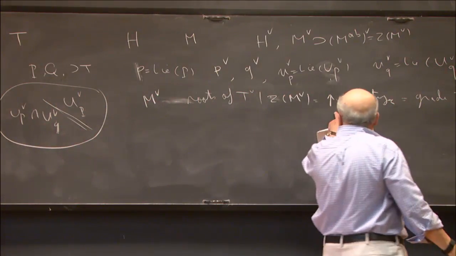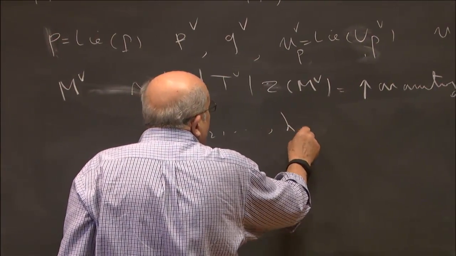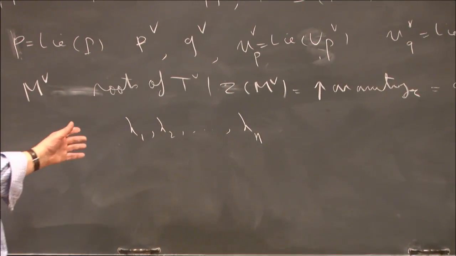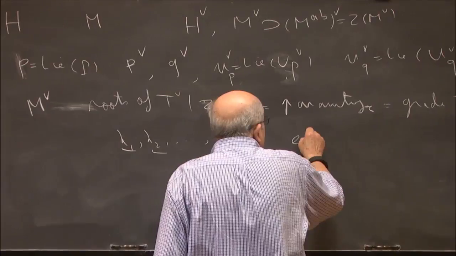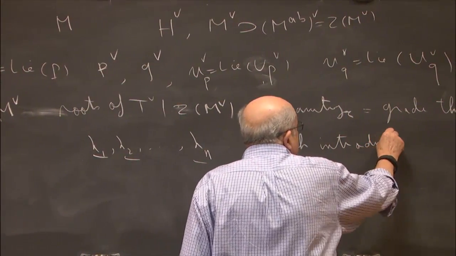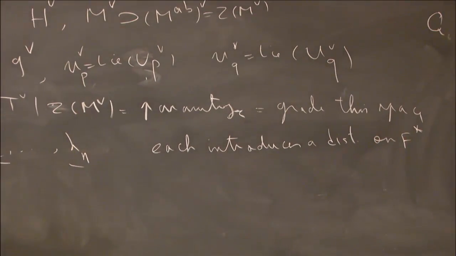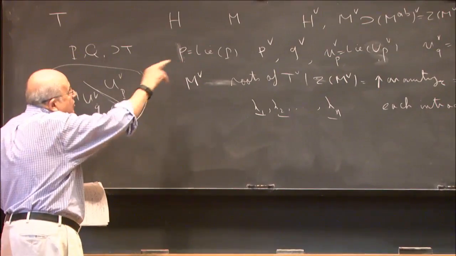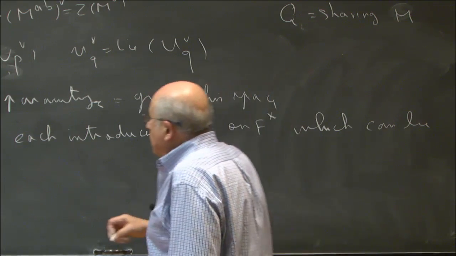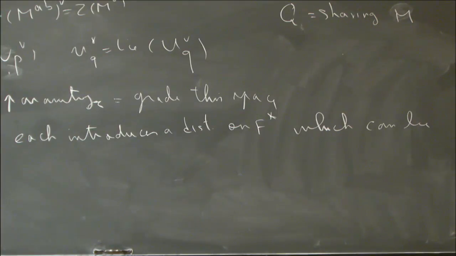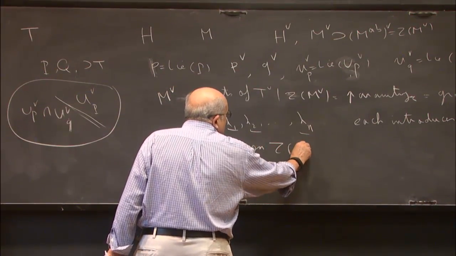So if the roots of this restricted to ZM check are, say, lambda 1, lambda 2, all the way to lambda n, then each of these are characters, and each introduces a distribution on F star that you can push back and make them characters on the center of M check, which can be lifted to distributions on the center of M check.